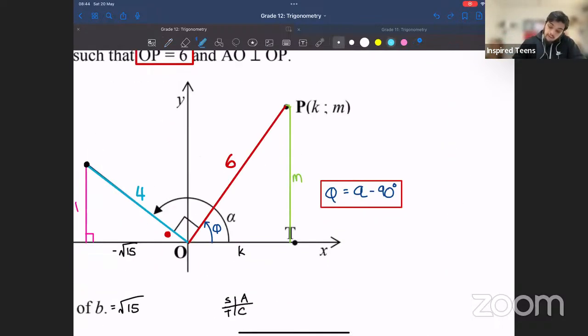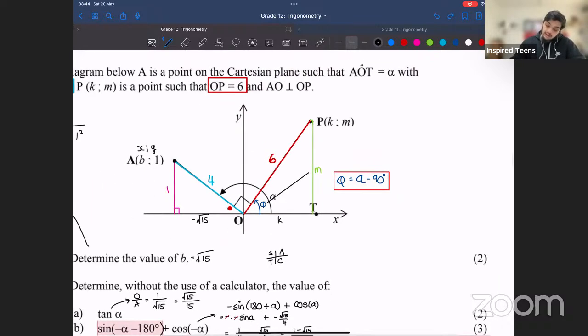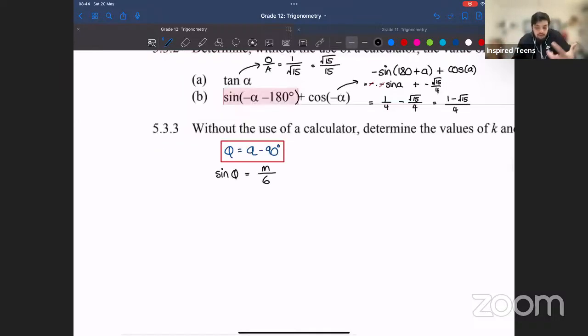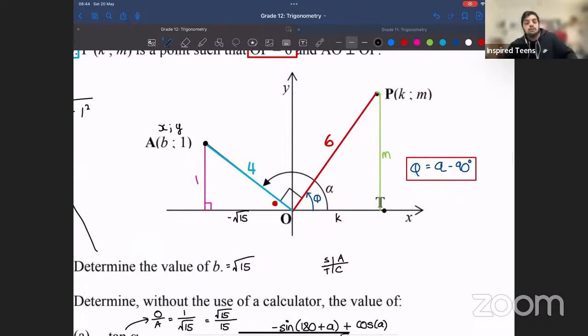I'm going to say sine theta should be equal to m over 6. But now instead of writing theta, I don't have any other values that are going to help me solve in theta.